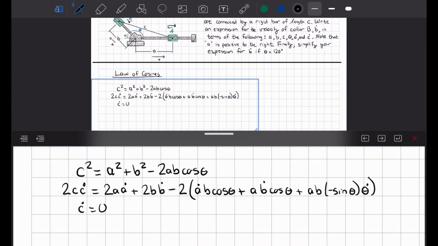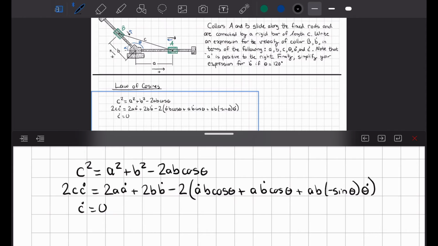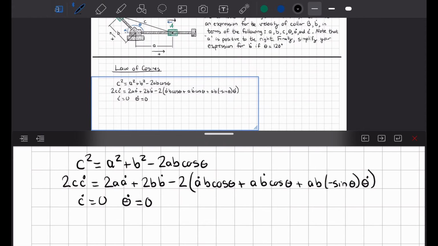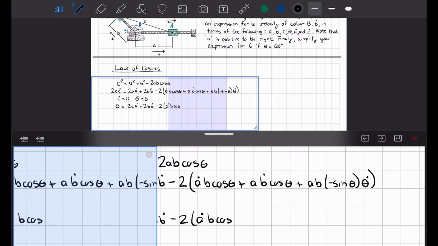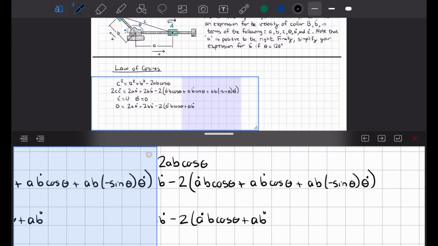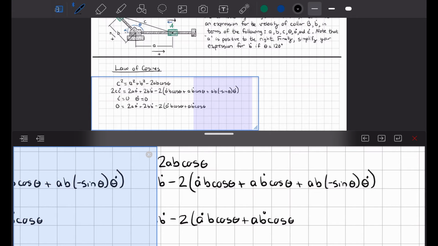We know theta dot's not going to depend upon time, so that term will be 0 as well. And then a dot and b dot, those can change because they are with respect to the collar's position. So now we can write 0 is equal to 2a dot, 2b dot minus 2 a dot b cosine theta plus a b dot cosine theta plus 0.